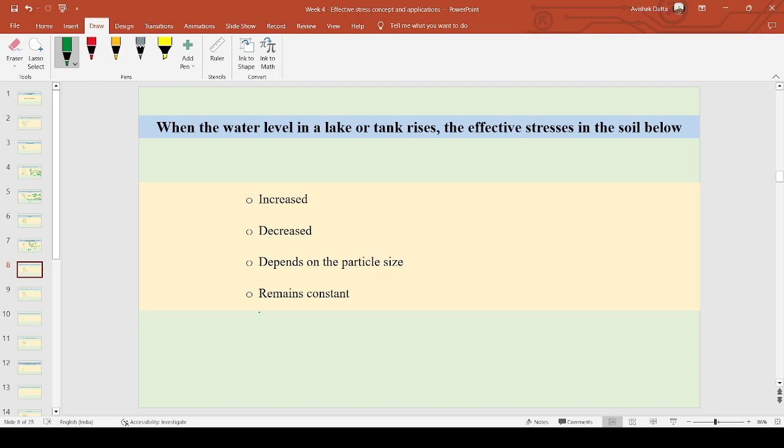The change in the water level does not have any effect on the grain to grain transfer of stress, and hence I can say that the effective stress in the soil below, when the water level in the lake rises, remains constant.